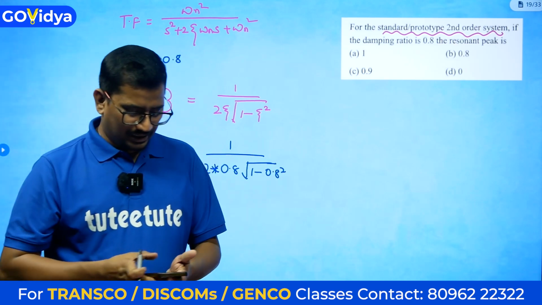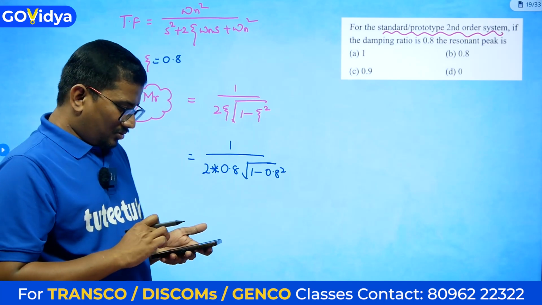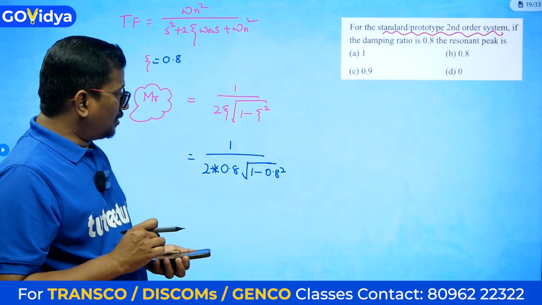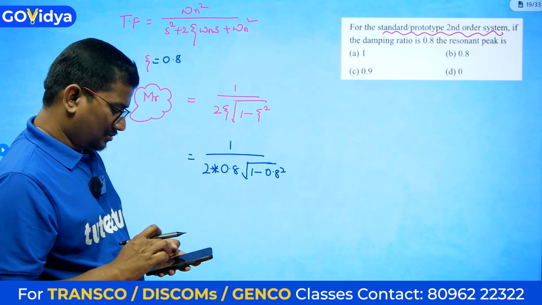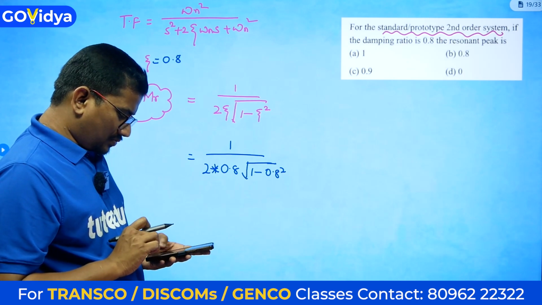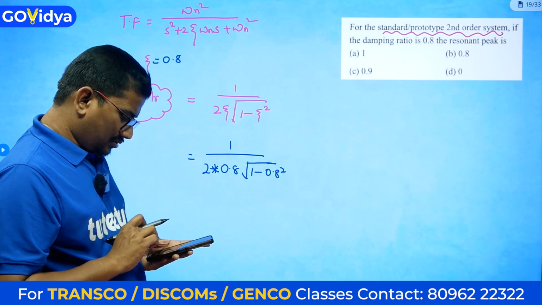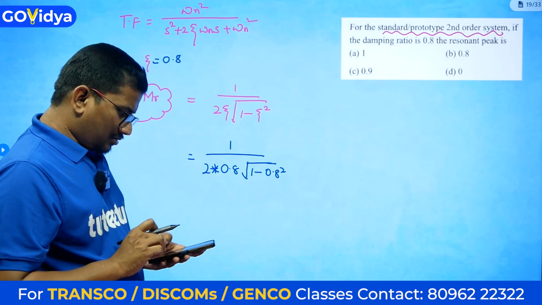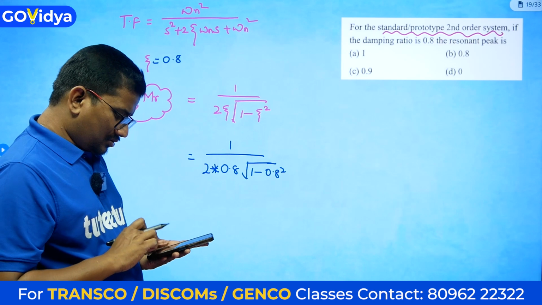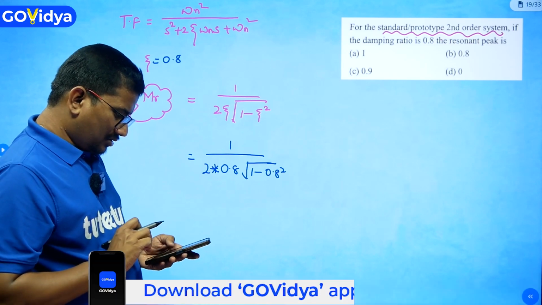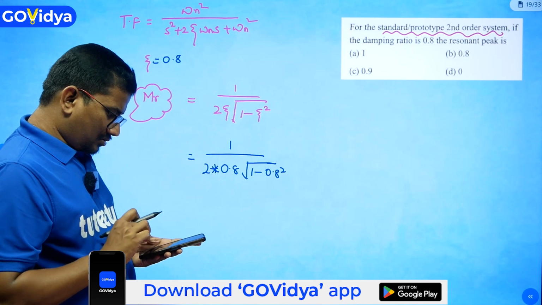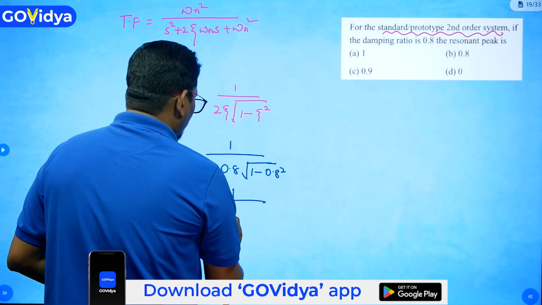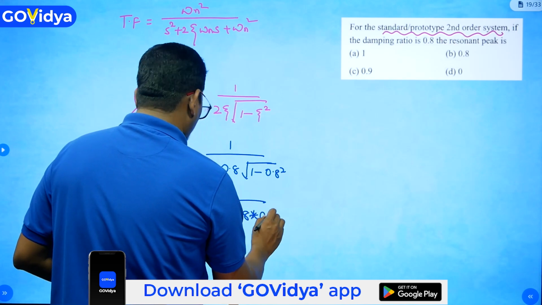Calculate that value. 1 minus 0.8 square means 0.36, root of which is 0.6. So you got 1 upon 2 into 0.8 into 0.6.